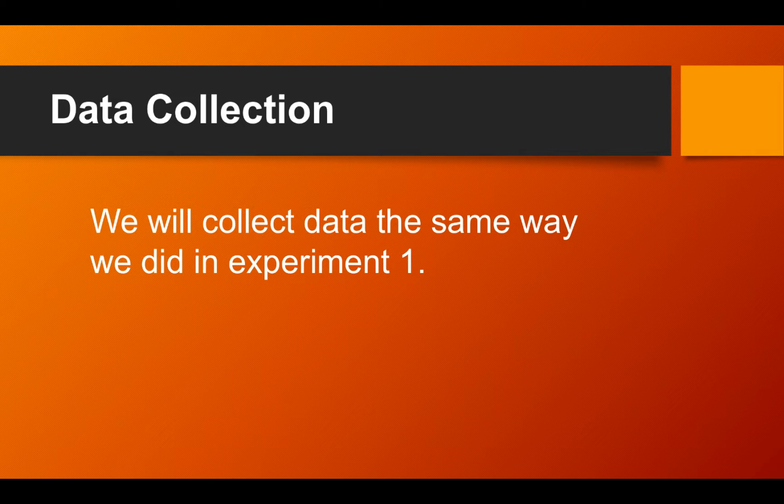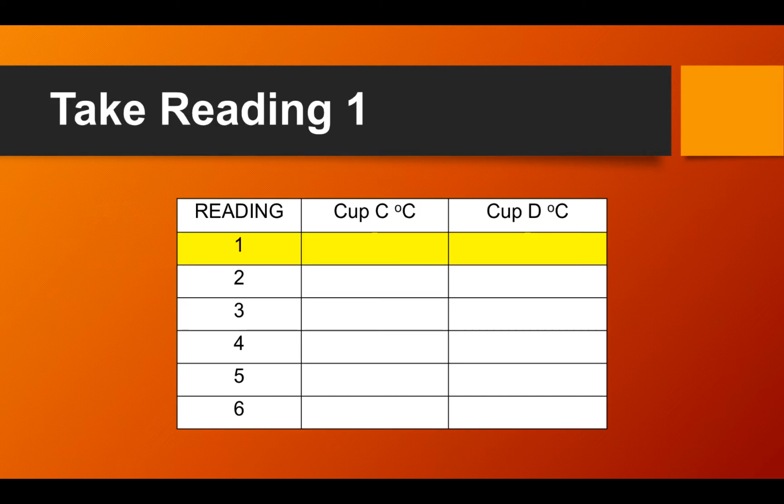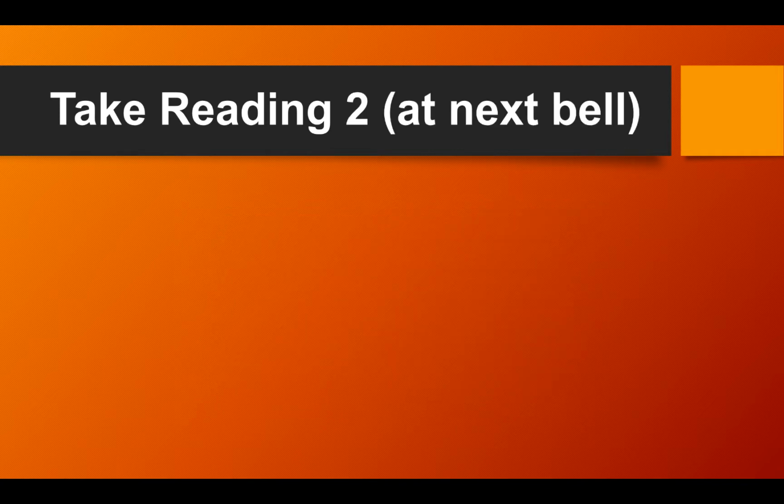We're going to collect data the same way that we did in experiment number 1. Take your first reading. Record the temperature of the thermometers for cup C and D. And we're going to take our next reading at the bell.